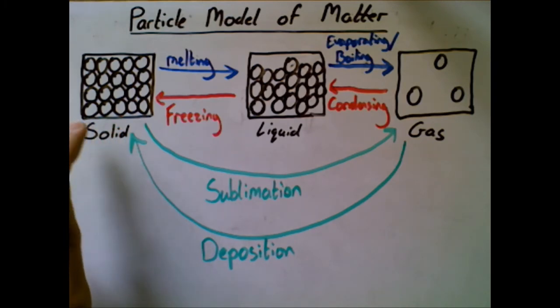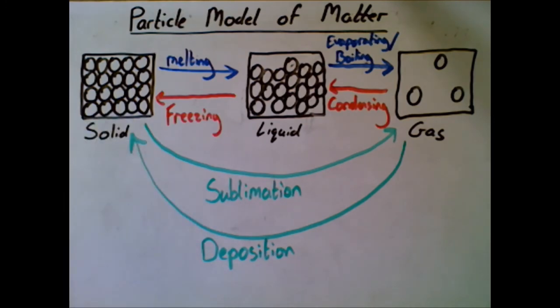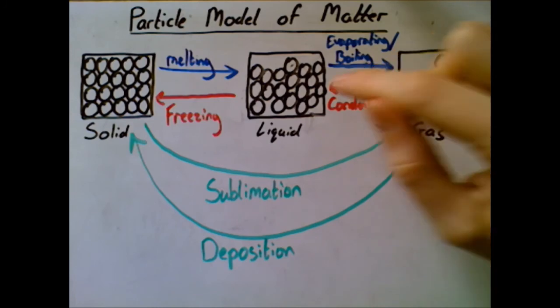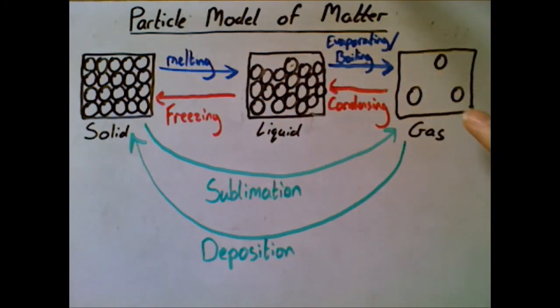They just vibrate, they shake around a little bit. They vibrate in fixed positions, and we can see them in their fixed positions there, because they haven't got that much energy. In a liquid, on the other hand, they've got a bit more energy, which is why they can move at a low speed, sort of flow over each other. And then in a gas, the particles have lots of energy, so they're moving around freely at high speed because, again, there are no bonds or very weak bonds between the particles.